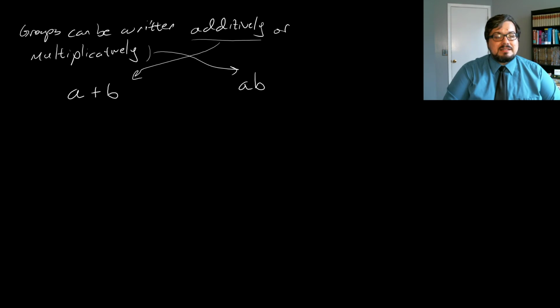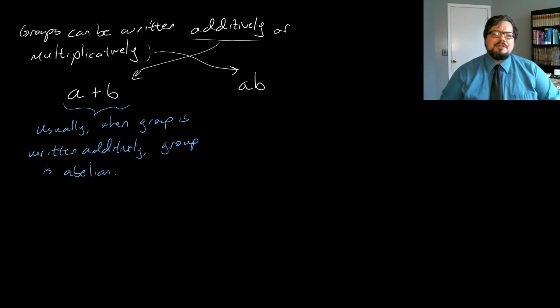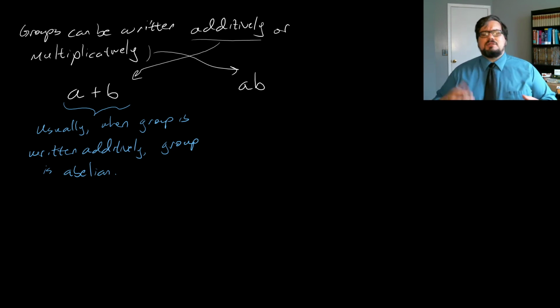However, there is a fairly standard notational convention: usually when a group is written additively, the group is abelian. The reason for that is that in all of the examples that we're familiar with where it makes sense to add things, for instance numbers or vectors or functions, addition is always commutative.